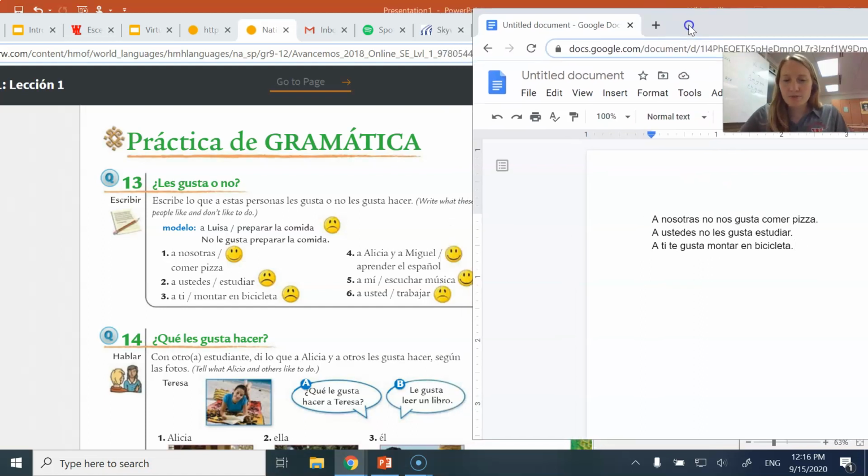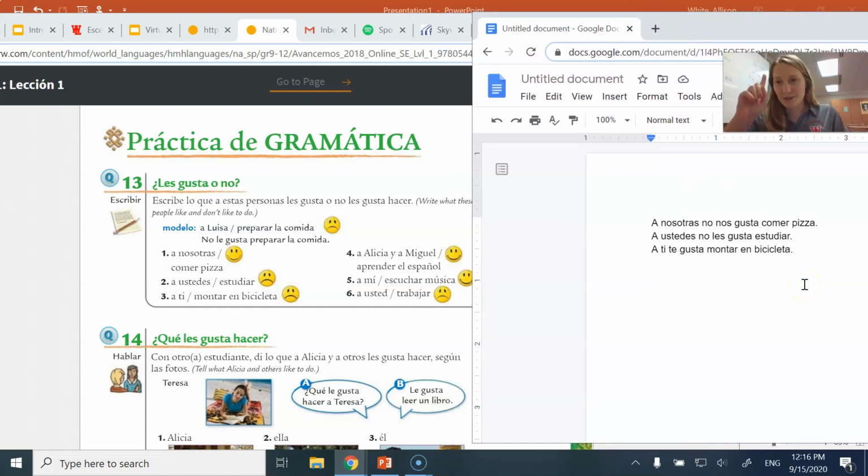Let's look at number 4. This one you gotta pay attention. So we're saying a Alicia y a Miguel. What do you think we're gonna use here? Here we're going to use les because it's multiple people. So we're talking about someone else and we're talking about them plurally.